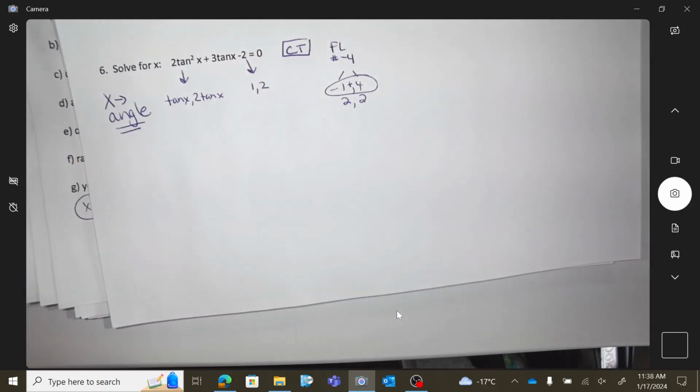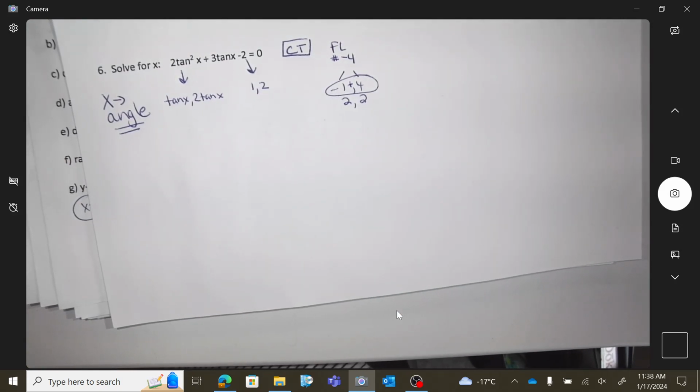How do you get your F? How do you get your L? There's not many options. We just have to make our partners make a 1 partner and a 4 partner.